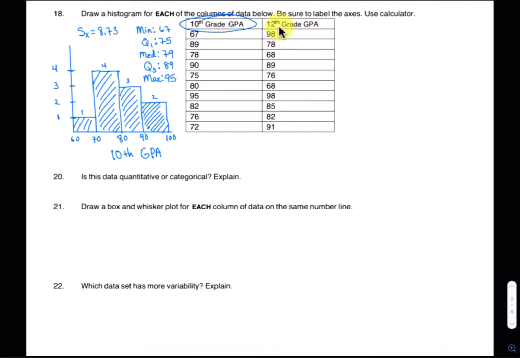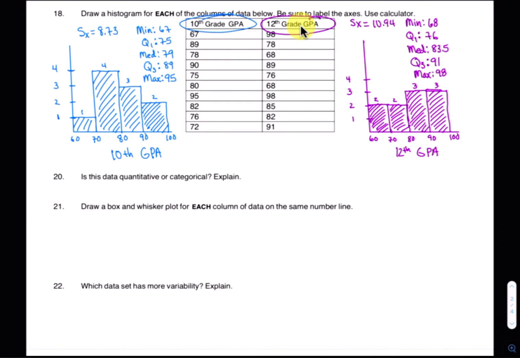On the right you have 12th grade GPA, so let's look at that information. Do it the same way. We had 2 numbers in the 60s, 2 numbers in the 70s, 3 numbers in the 80s, and 3 numbers in the 90s.